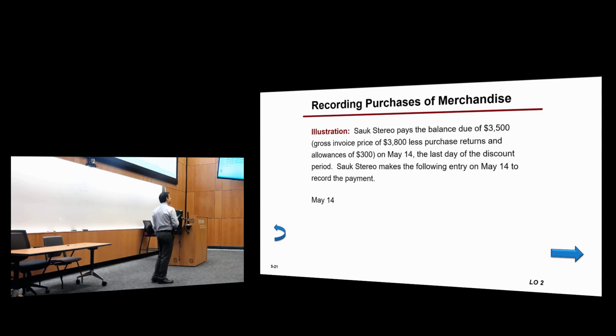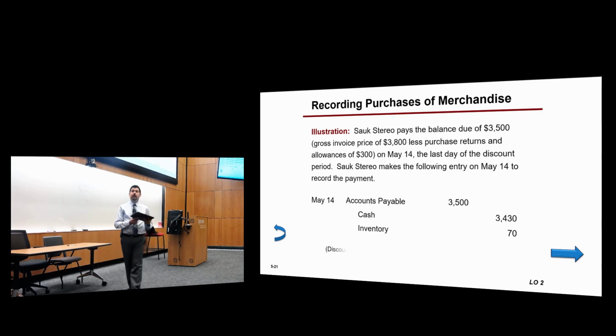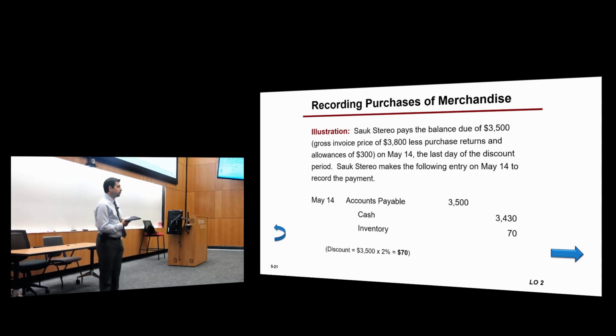What's the amount of debt that will be erased? 3,500. They don't owe the seller anything anymore. What about the difference? The $70, it's recorded as a decrease to inventory. Why? Remember that inventory must be recorded at cost.